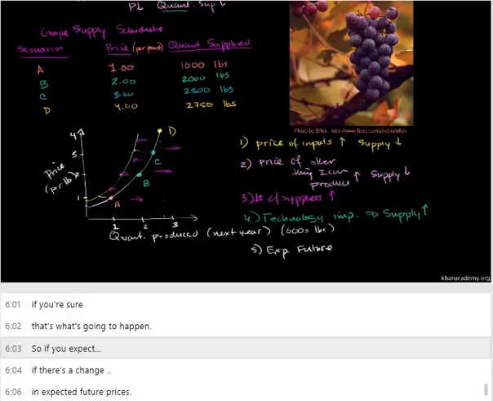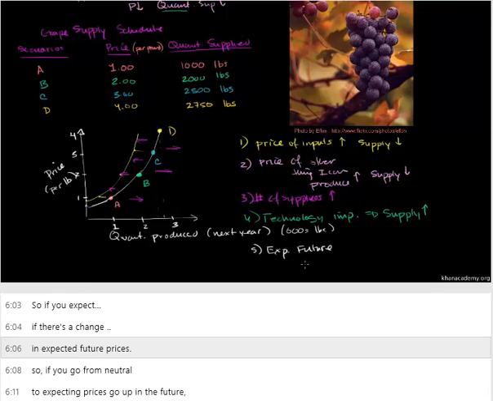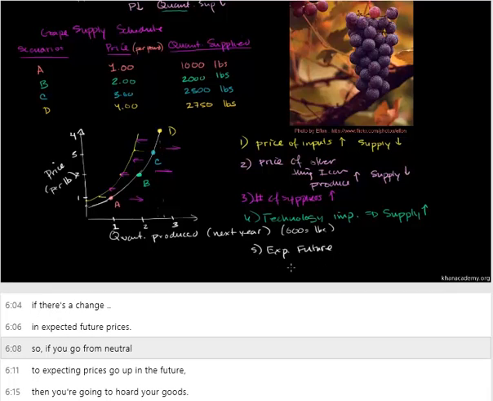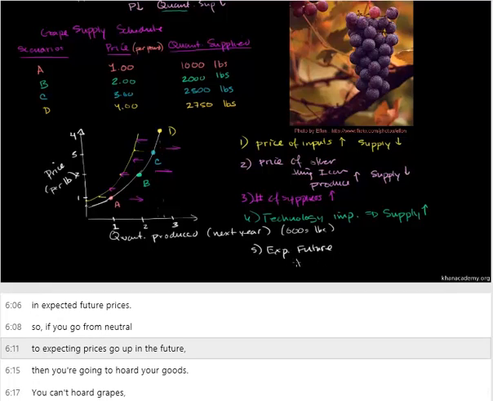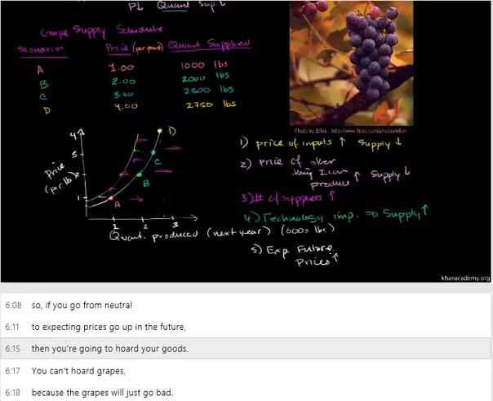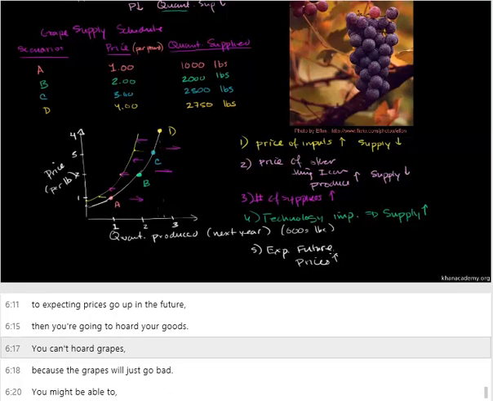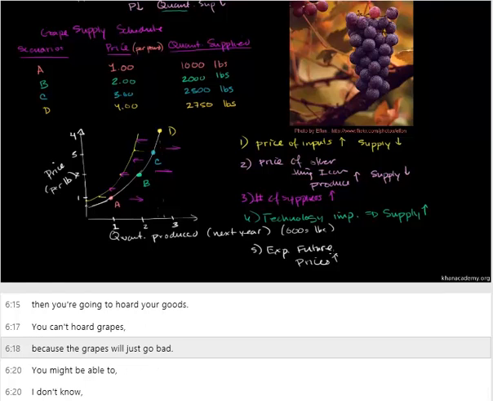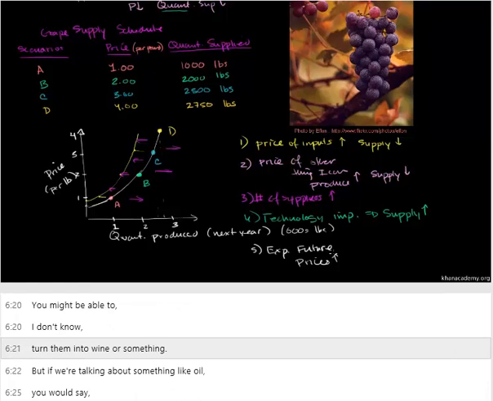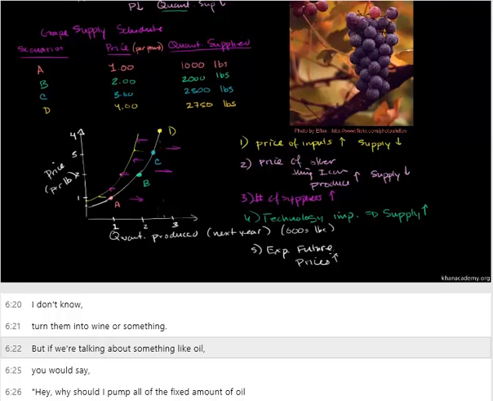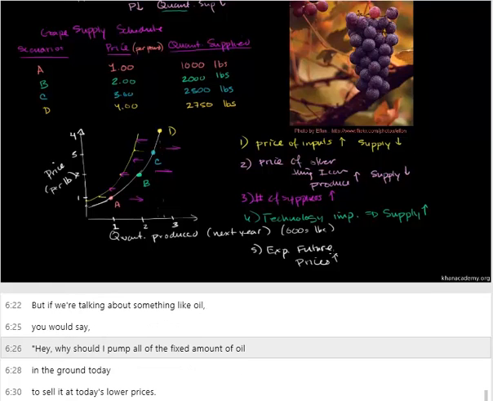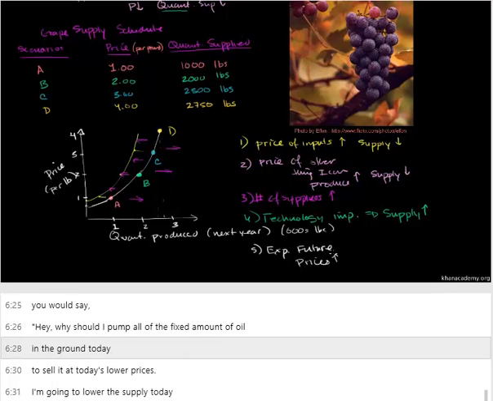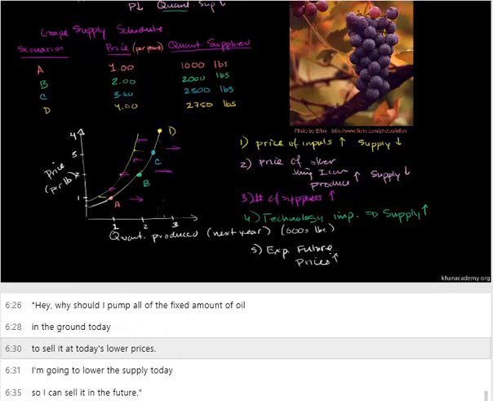So if there's a change in expected future prices, if you go from neutral to expecting prices to go up in the future, then you're going to hoard your goods. You can't hoard grapes because the grapes will just go bad. You might be able to turn them into wine or something. But if we're talking about something like oil, you would say, why should I pump all of the fixed amount of oil in the ground today to sell it at today's lower prices?